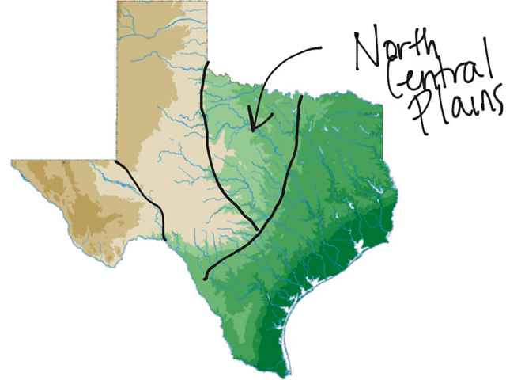What you'll notice here is that the green section on the elevation map is a little bit lighter. It's a little bit higher in elevation, which means the land is taller. It still has those water resources, but it's not as dense as the Gulf Coastal Plains.